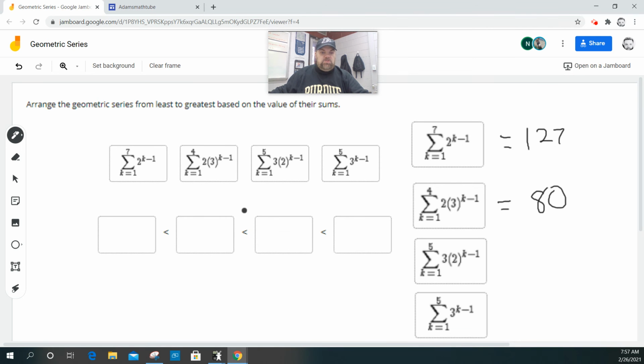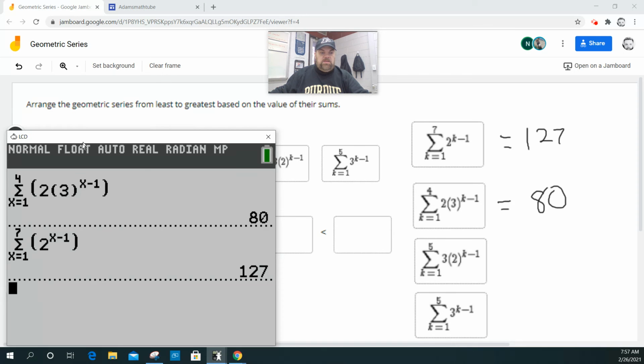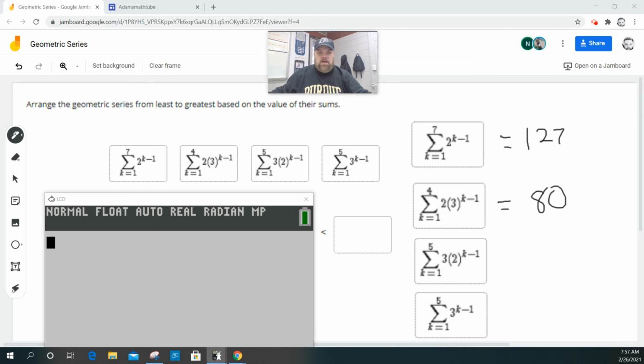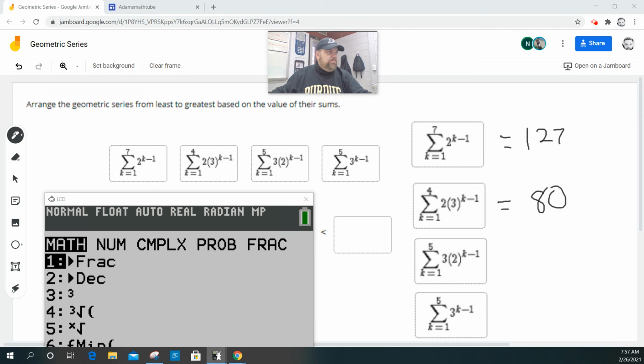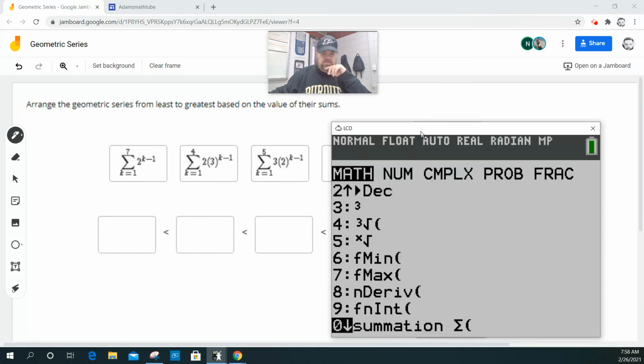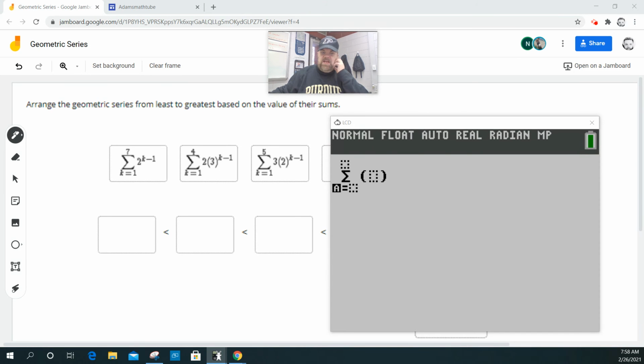Let's do the next one. Let me clear this out so you can see it. Again, I'm going to hit the math button and scroll down till I get the summation. See how that has a 0 in front of it? If I hit 0 on my calculator, that's the same as hitting enter.